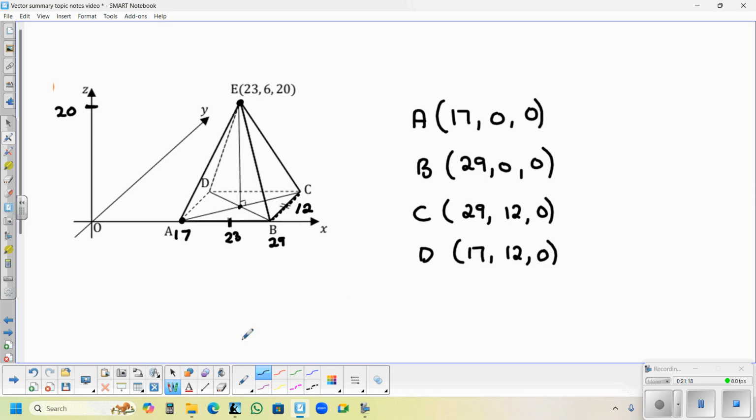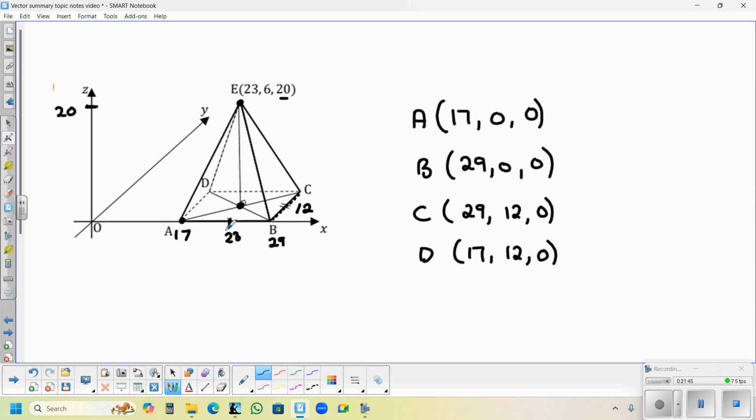Just to recap that, how did we know all those numbers? So 23, 6, 20 tells me that that is going up to 20 as a height, the z-axis. I know that on the y-axis it went back 6, but that point was just halfway in the middle of that square-based pyramid. So half of that was 6, so the whole distance there has got to be 12.